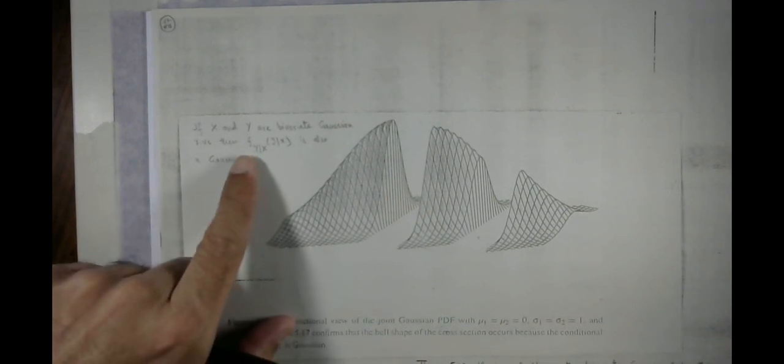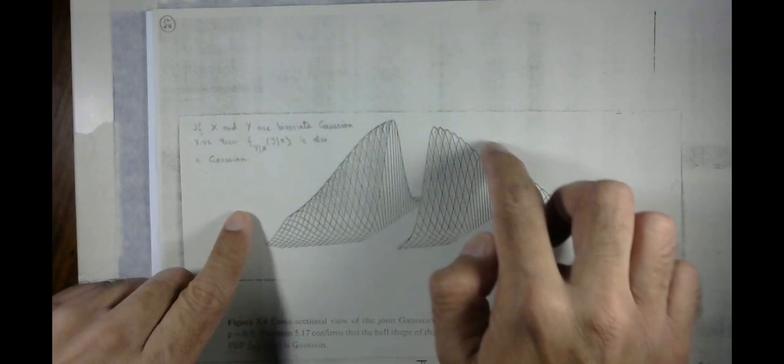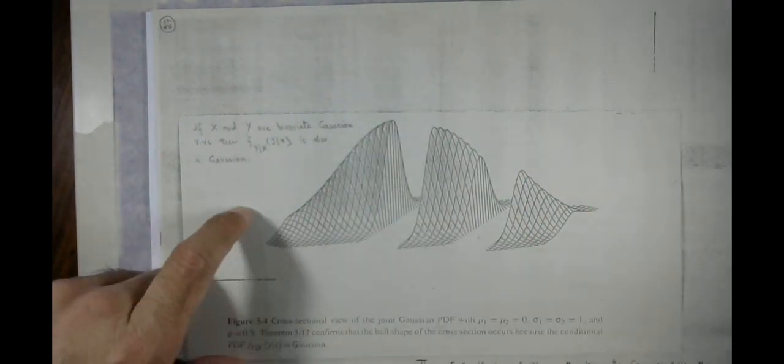So if we have an expression something like this, f sub y given x of y given x, you condition one variable on the other, both are Gaussian. So the giant Gaussian distribution will be sliced, and each of these will be Gaussian along one axis. The other part is basically sliced out.